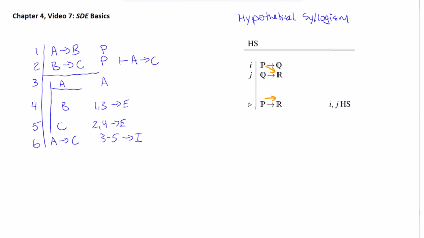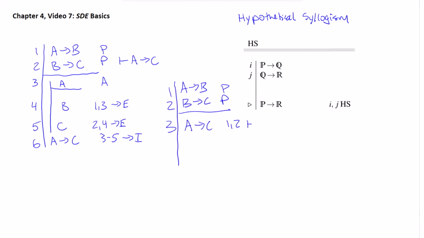So it's called a hypothetical syllogism because it involves conditionals or hypotheticals, and a syllogism because it's a simple two-premise argument. So the derivation on the left here would be very quick. We go straight from 1 and 2 to the goal, A arrow C, and we cite 1, 2, hypothetical syllogism. Doesn't save you a lot of work, but it saves you a subderivation, and it's a nice familiar sort of inference.